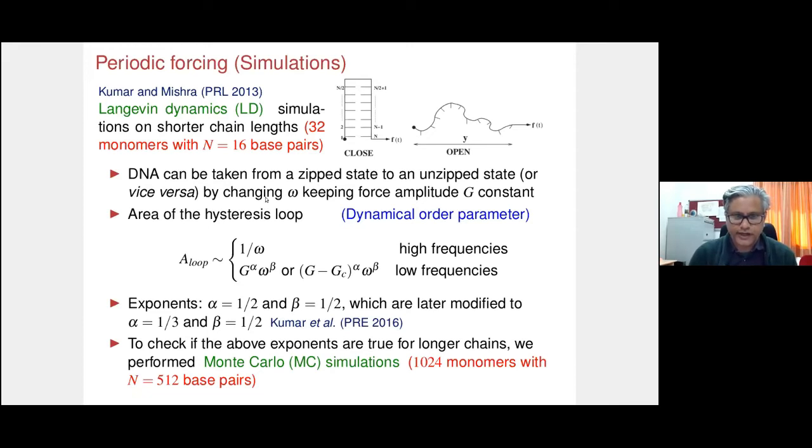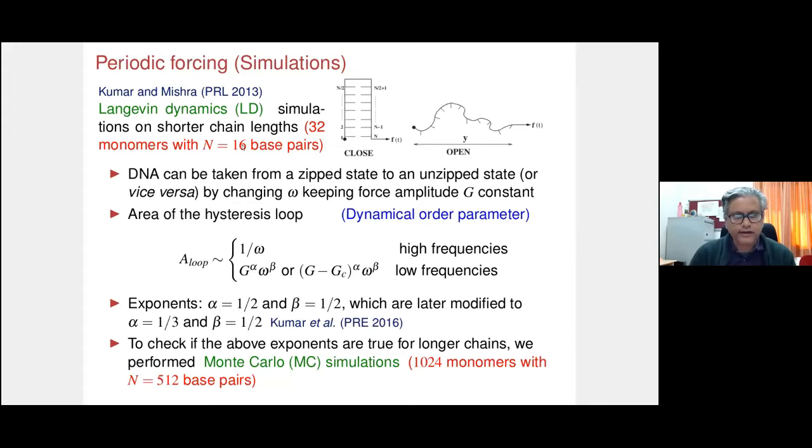The area of the hysteresis curve, which serves as the dynamical order parameter, scales as 1/omega at high frequencies, and as (g - gc)^alpha omega^beta at low frequencies.